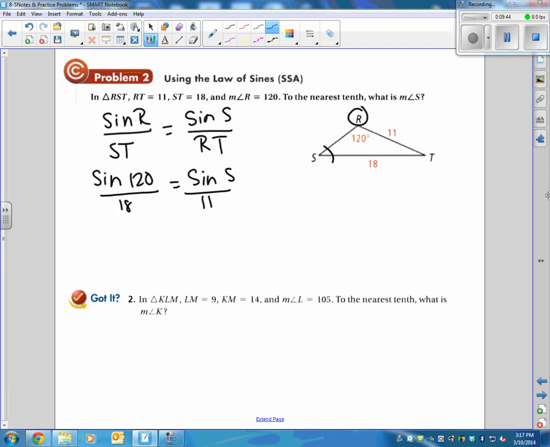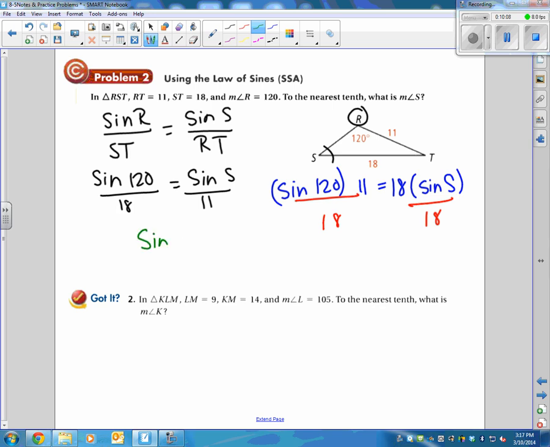Go ahead and cross multiply, and I'll say that the sine of 120 times 11 equals 18 times the sine of S. I'm going to divide both sides by 18, and I will see that the sine of S is equal to the sine of 120 times 11 divided by 18.